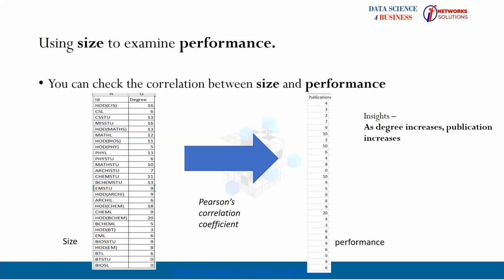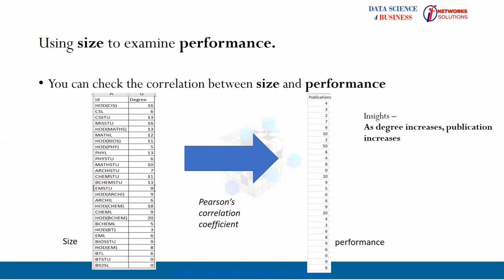The insight that you might want to get out of this, for example, is whether, as the degree increases, publication increases. If you have the answer to that, that can determine what will be your next step, your intervention step, or how you would improve such a network, and so on.